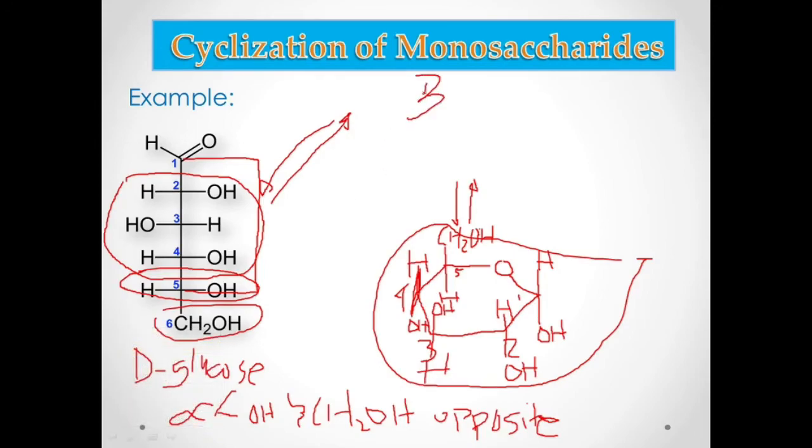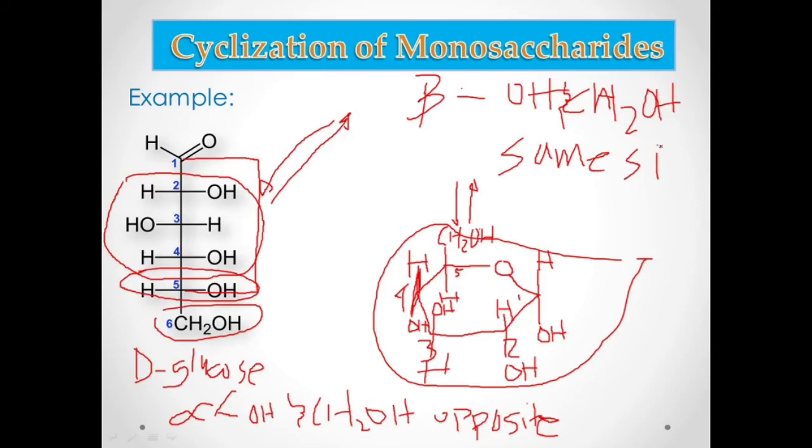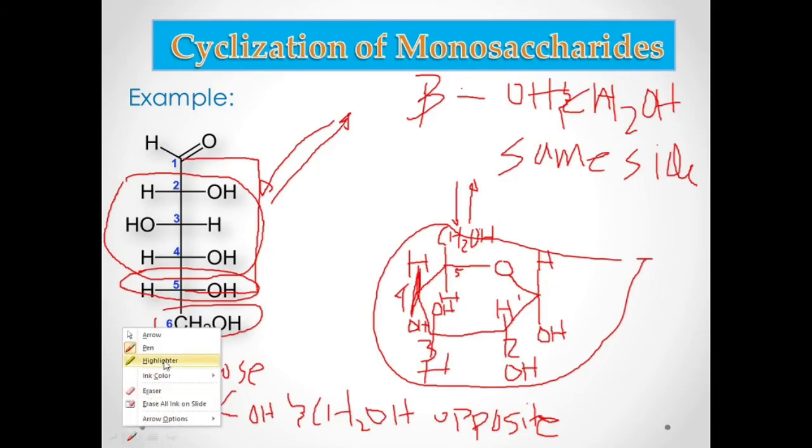It is a beta anomer if both the OH and the CH2OH are on the same side. So how do you draw it on the same side?